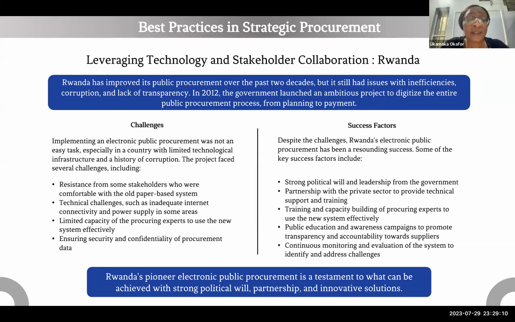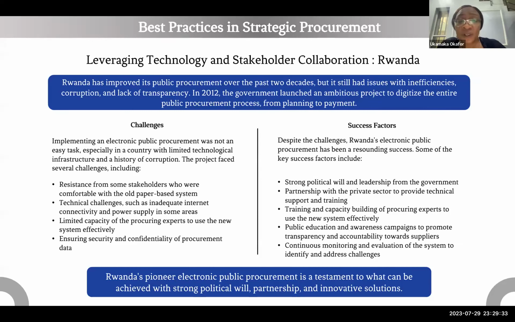So I want to use Rwanda as a case study because they leveraged technology and stakeholder collaboration. Rwanda has improved its public procurement over the past 2 decades, but it still had issues with inefficiencies, corruption, and lack of transparency. And these are some of the things that we see in developing countries, not just in Rwanda.